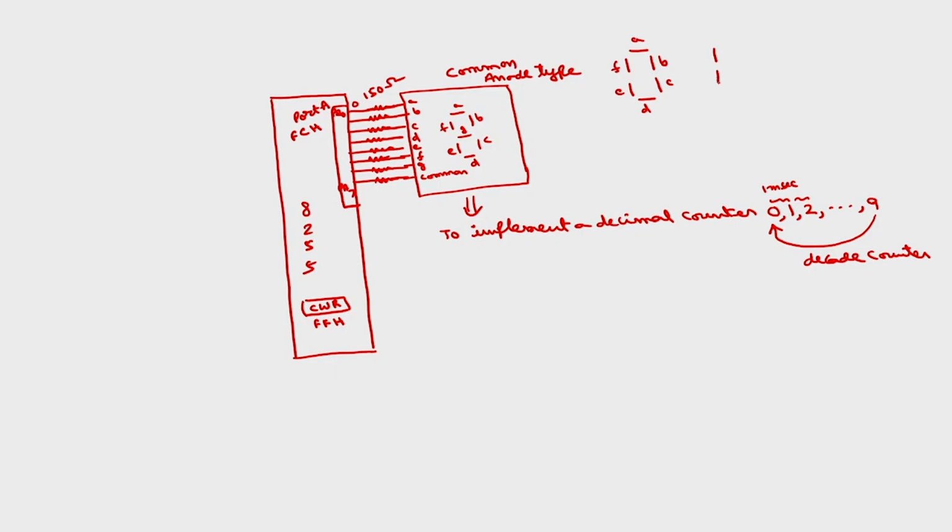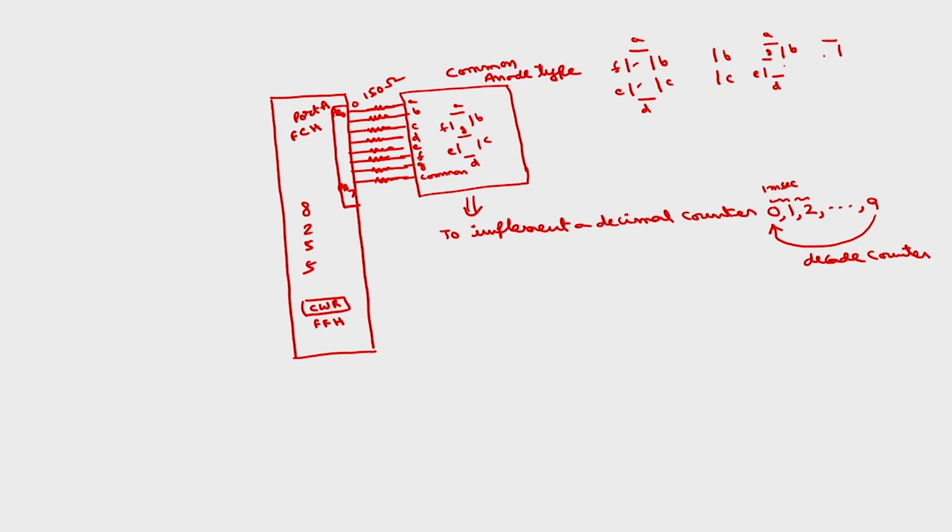One is we can use only BC to display, or you can use FE also. If I select FE also, this displays 1. So I want to display 2 like this. What are the segments? A, B, D, E, G.